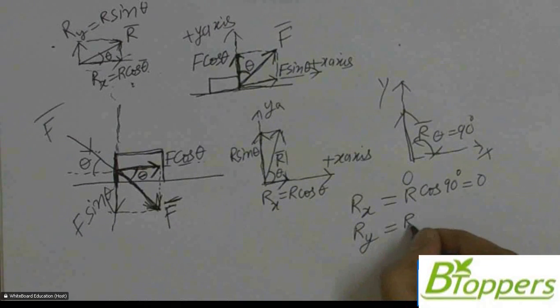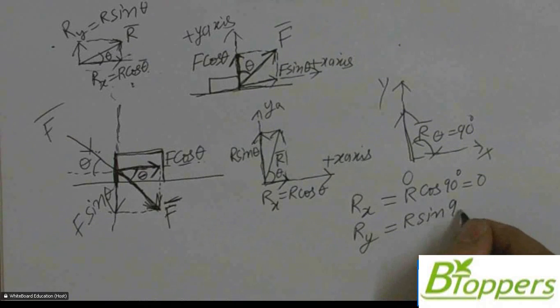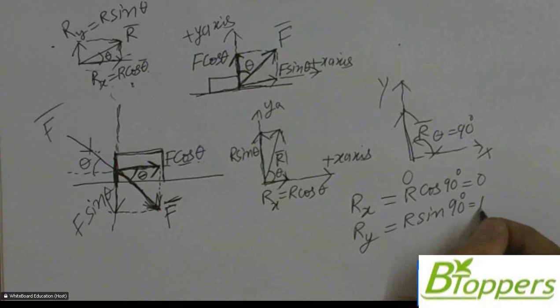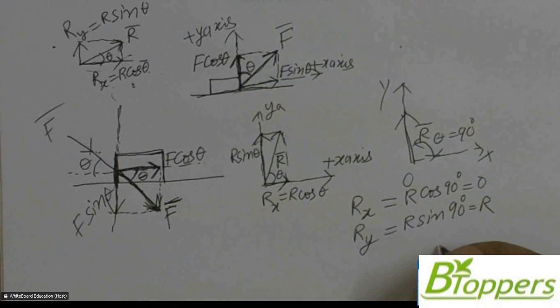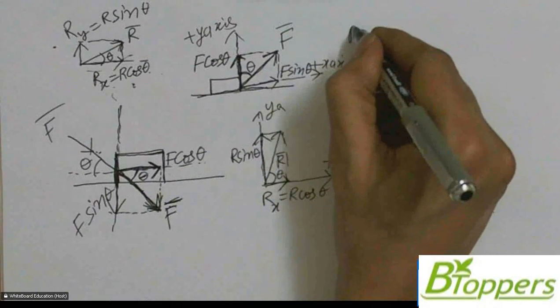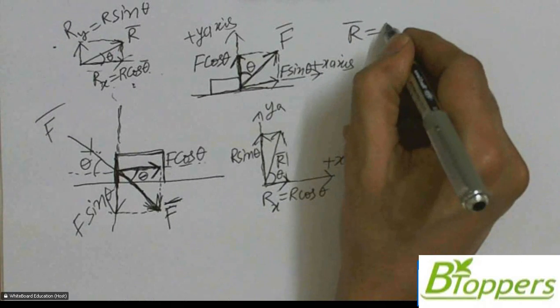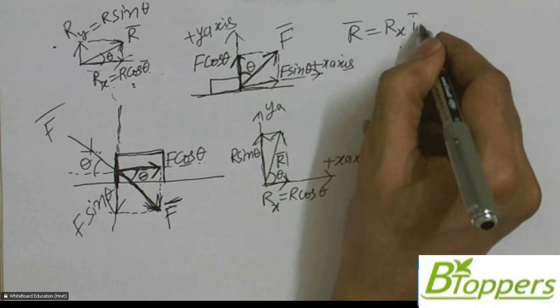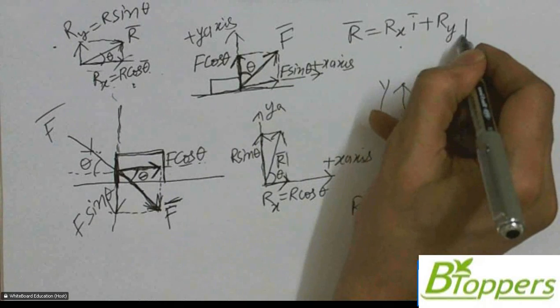Ry equal to R sin theta, that is equal to R. So in general, a vector R bar which lies in the xy plane can be written as Rx i bar plus Ry j bar.